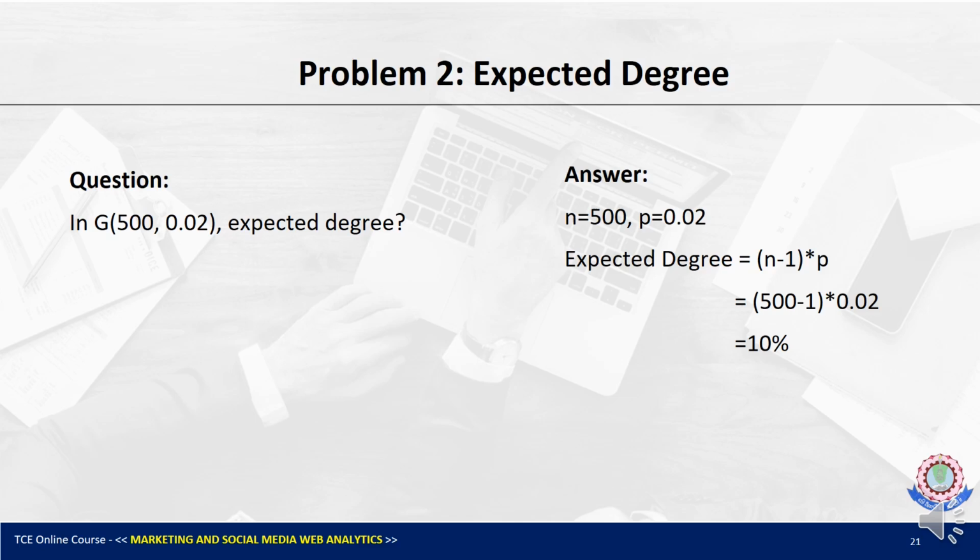E of k equal to (500 minus 1) into 0.02, which gives 499 into 0.02, which is equal to 9.98. So the expected degree is approximately 10. This means on average each node is connected to about 10 others. Notice how even with a small probability networks become fairly connected.